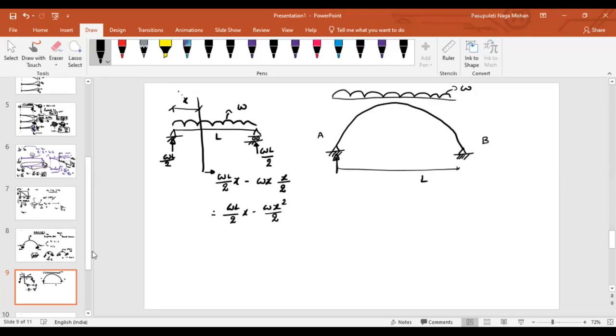As this is symmetrical, obviously, the reaction will be WL/2. Here also WL/2. As we have discussed, a horizontal reaction will develop here and a horizontal reaction will develop here. If I consider this as my horizontal reaction H, as there are no other applied loads, here also the horizontal reaction is H.